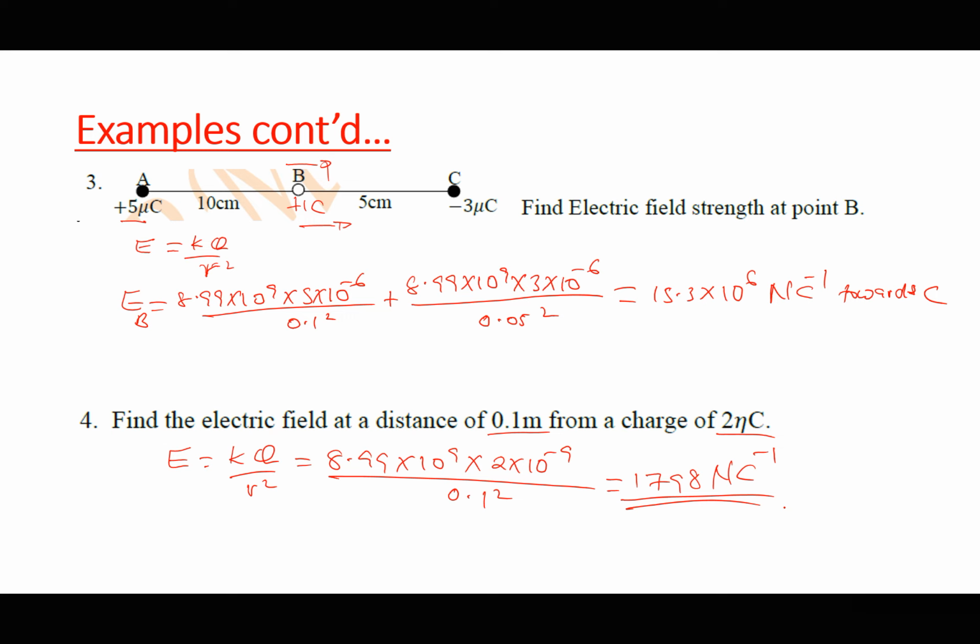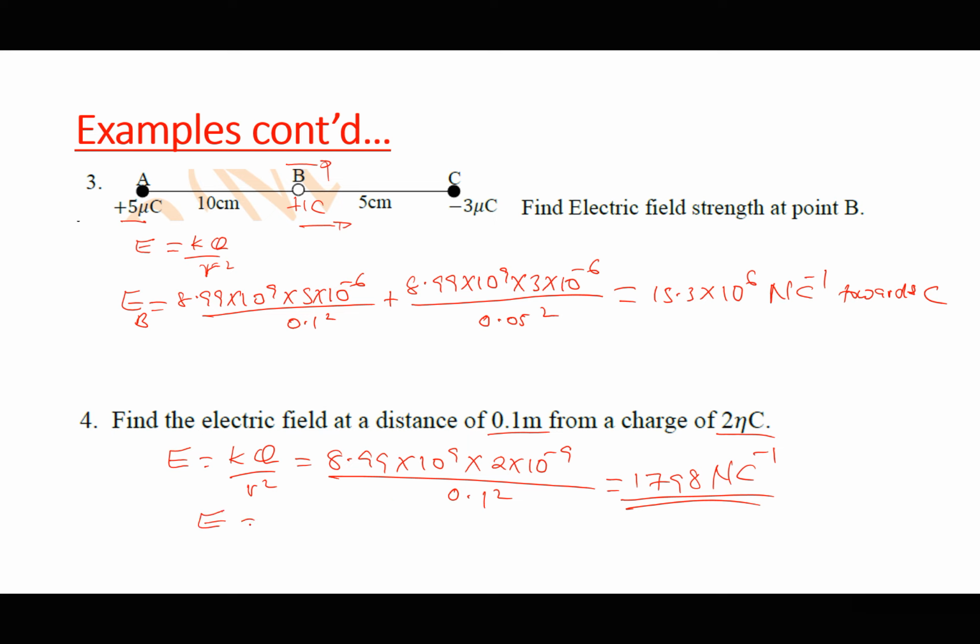Note that if the relative permittivity or the permittivity of the medium is not given, we shall use K as 8.99 times 10 power 9. If the permittivity of the medium is different from that of free space, we shall not use 8.99.